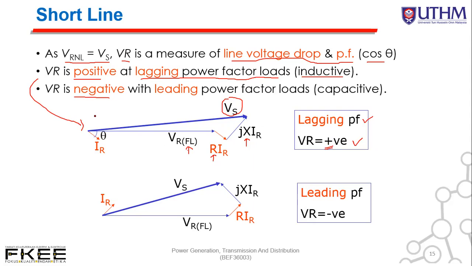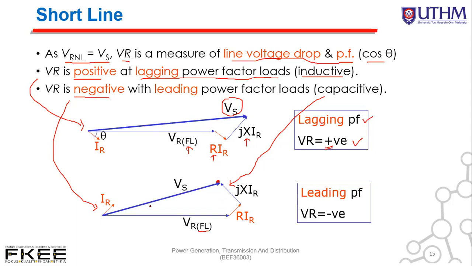For the case of negative, we look at this phasor diagram. VR at full load, we put on the x-axis. At this condition, the load is more capacitive. More capacitive means that the system is receiving a voltage, so the full load voltage is higher than the sending voltage.